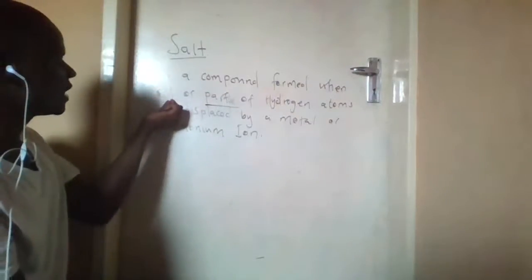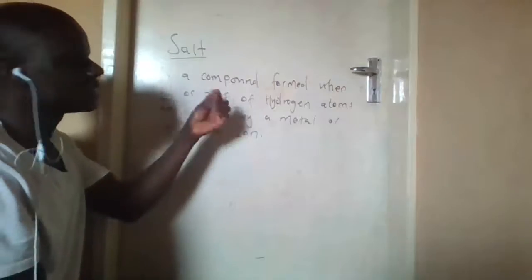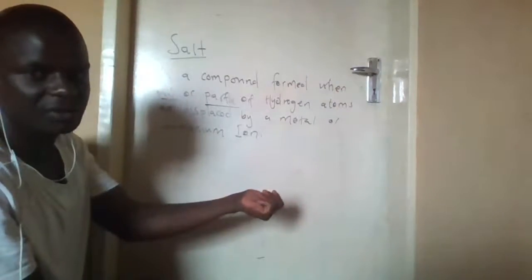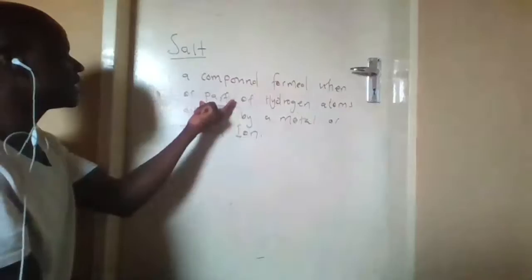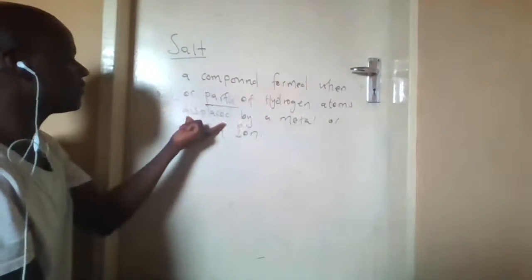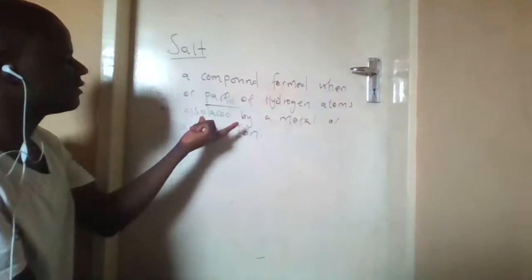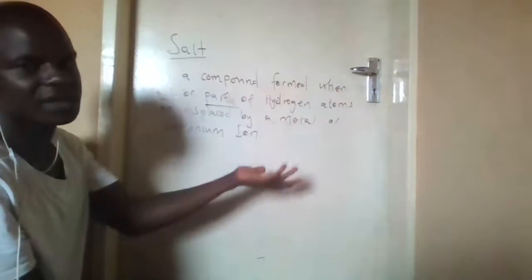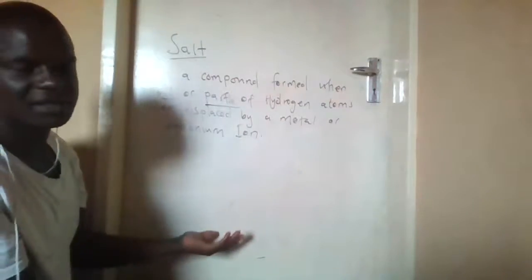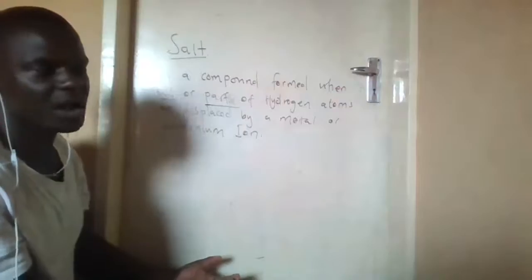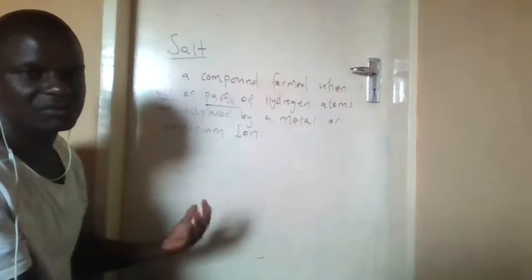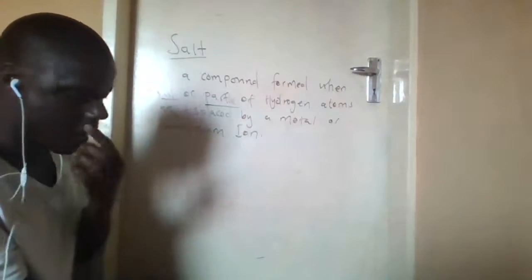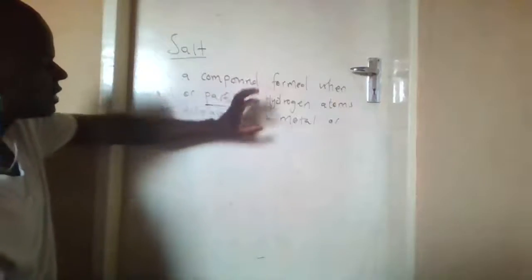If all of the hydrogen atoms are displaced, what type of salt are we forming? If only part of the hydrogen atoms in a molecule of an acid are displaced, or maybe just one is displaced with one or more remaining, what type of salt are we forming? So this is very important.